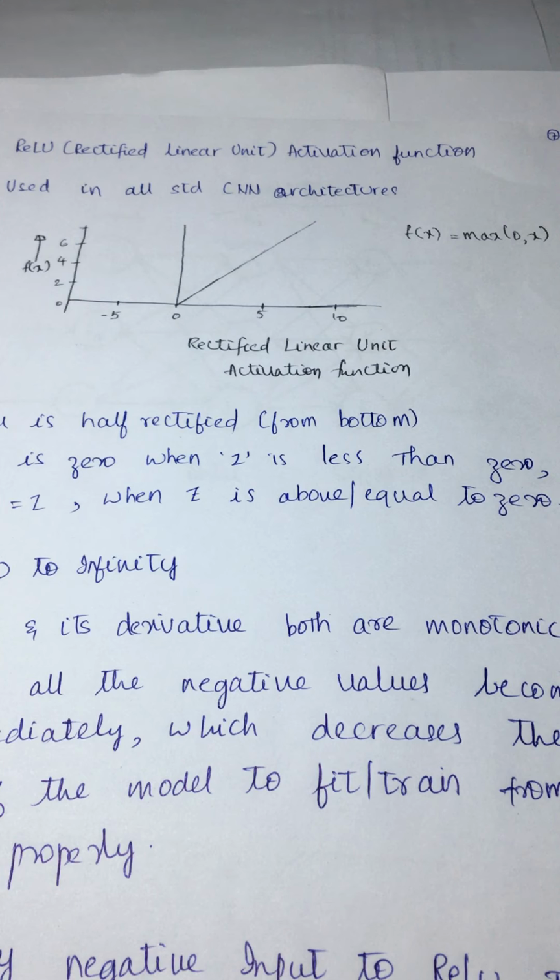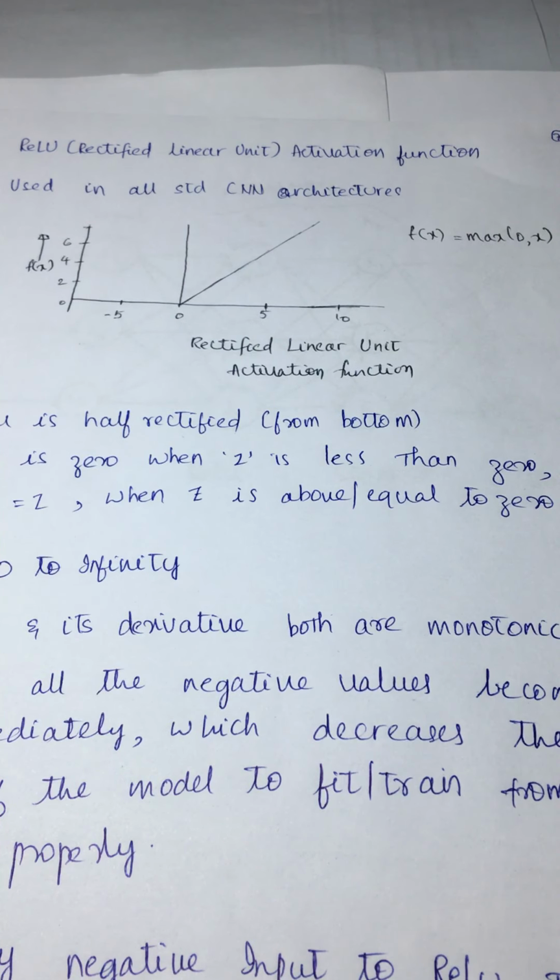But one major drawback is that negative values become 0 immediately, right? Because the function is nothing but max of 0 and x, correct? Since it becomes 0 immediately, that's a big drawback, because it is not able to handle negative values. So it's not able to fit or train negative values. So this is one major drawback.